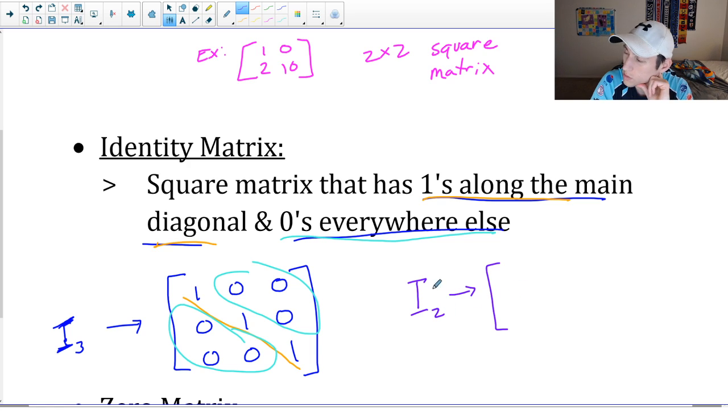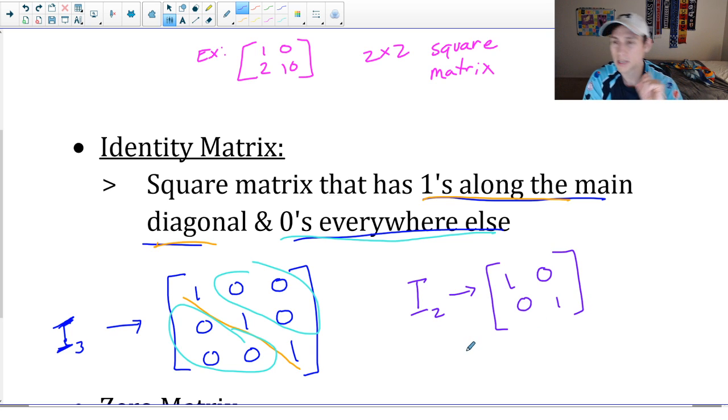So the 2 represents there'd be 2 rows, 2 columns. So I2, the identity matrix for 2 rows and 2 columns, would look like this. 1's along the main diagonal, 0's everywhere else. Right, there's not a lot of spots in this one, but it still is the case.